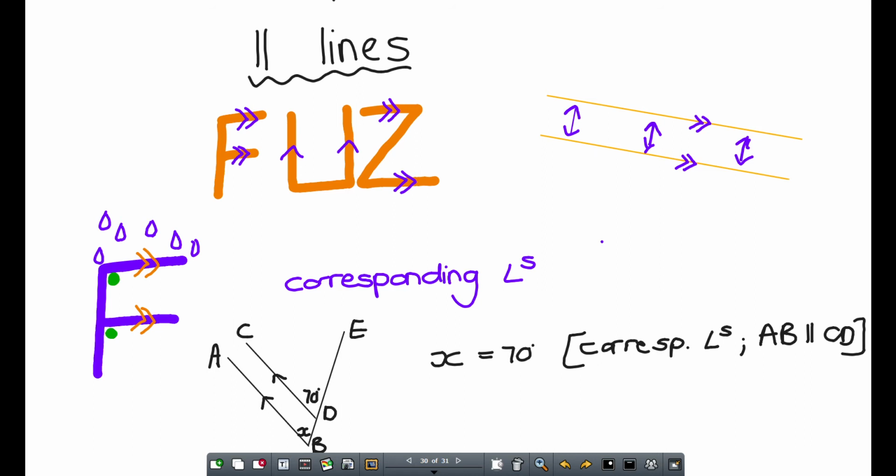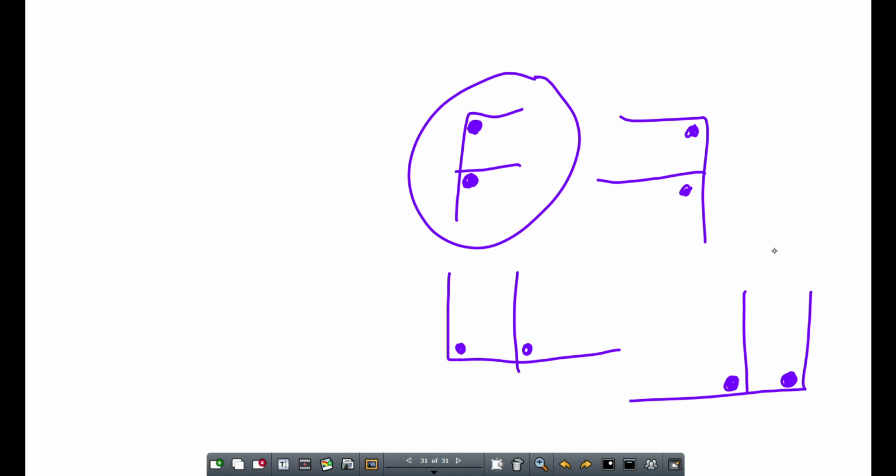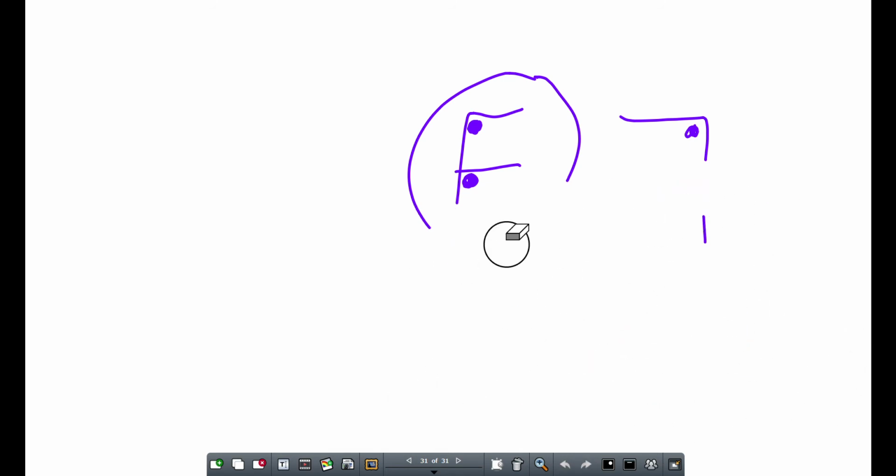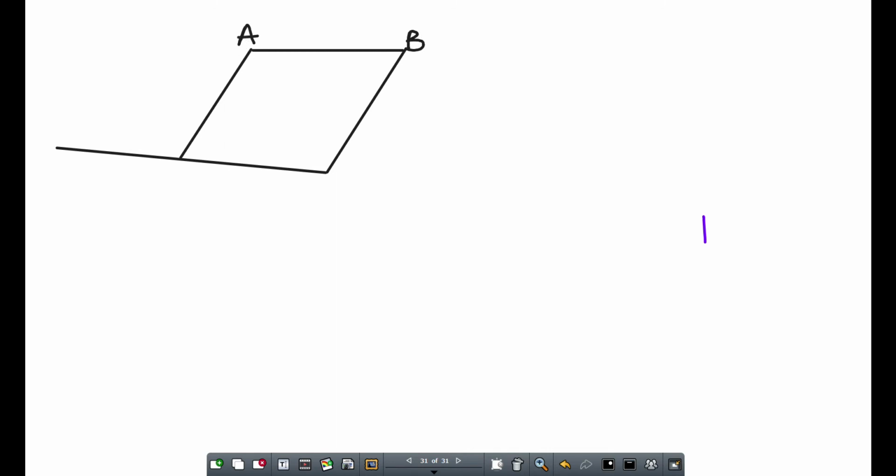Right, so let me just give you one more example. So an example of that would be, oh, I see where my mistake was made. Okay, A, B, C, D, and E. And I'm telling you that these two are parallel.